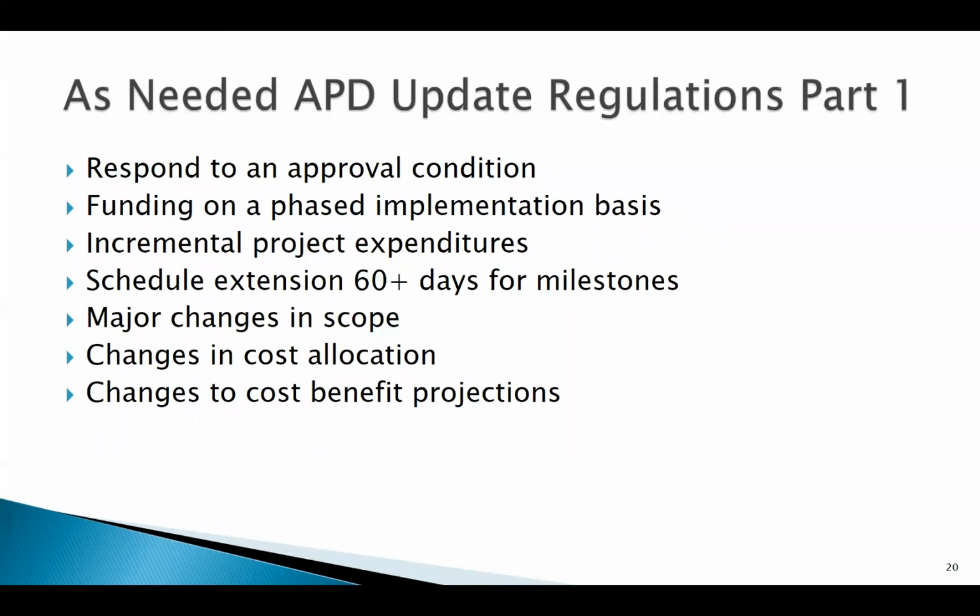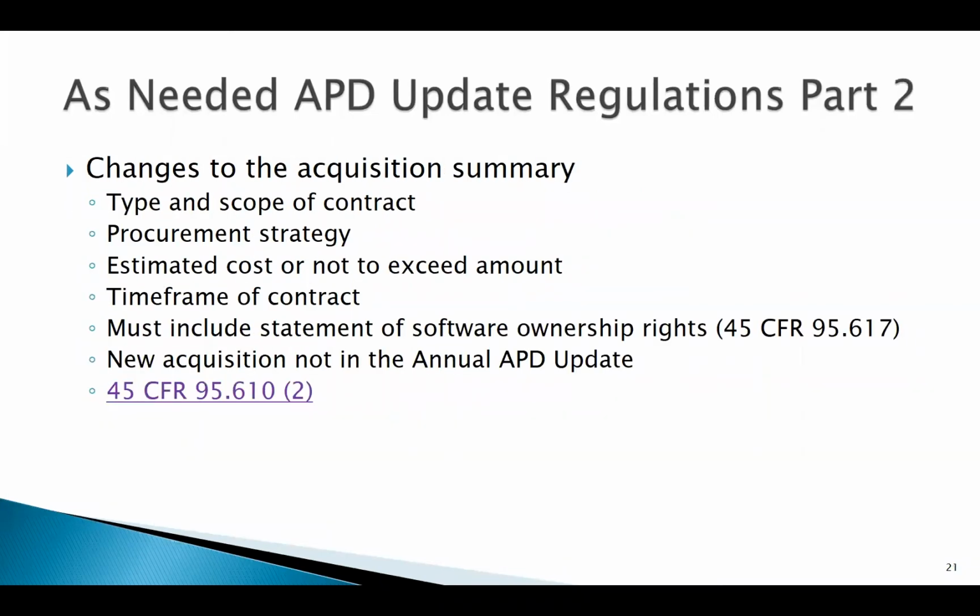So an as-needed update responds to approval conditions, funding on a phased implementation basis, incremental project expenditures, schedule extension of 60 days for milestones, major changes in scope, changes in cost allocation, and changes to cost benefiting projections. The as-needed update regulations, part 2: changes to the acquisition summary.